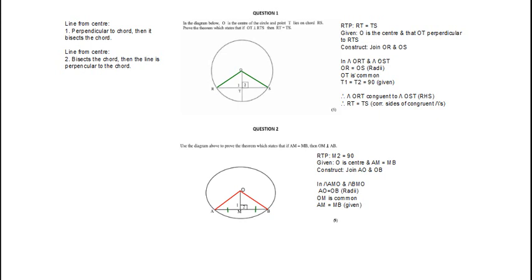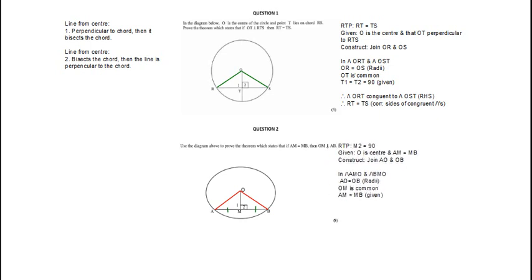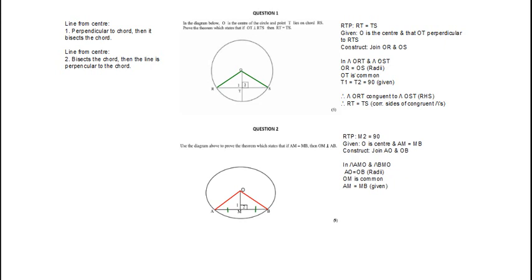Those were given. So I can now complete my proof, and I'm going to have therefore triangle AMO is congruent, or you can use the symbol for congruency. If you don't want to write congruent, use the symbol for congruency. Is congruent to triangle BMO.